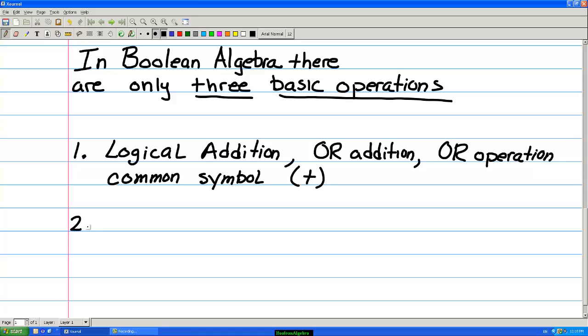Number 2, we have logical multiplication. And it's also called AND multiplication.